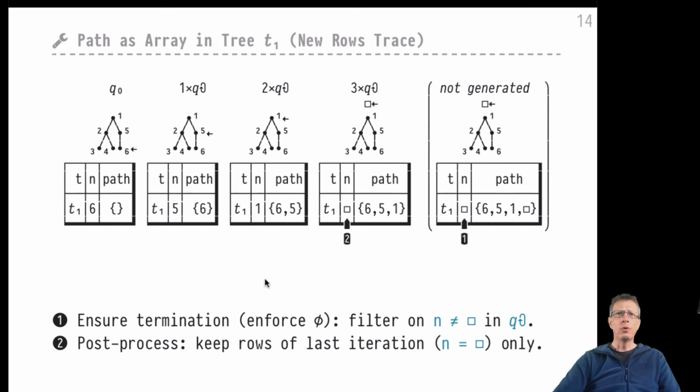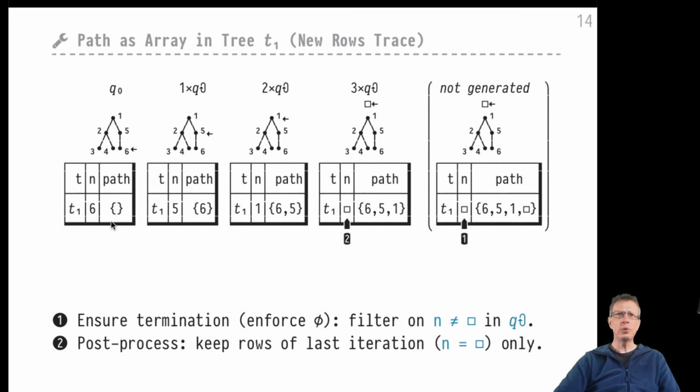All right, so this would be the setup now, right? We would start in tree T1. We are only looking at tree T1 here again. We would start our path at the node number 6. So the path that we have explored so far would be empty, all right?